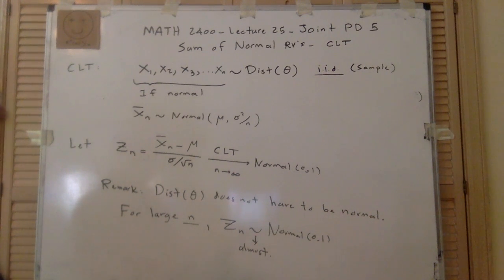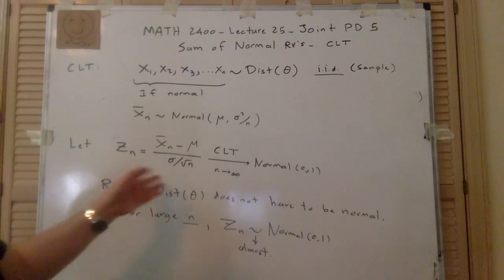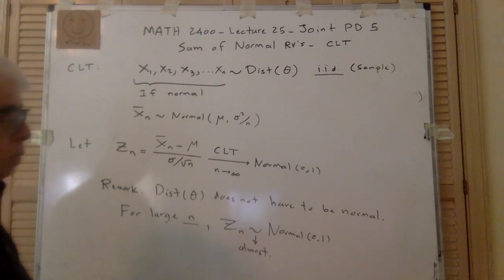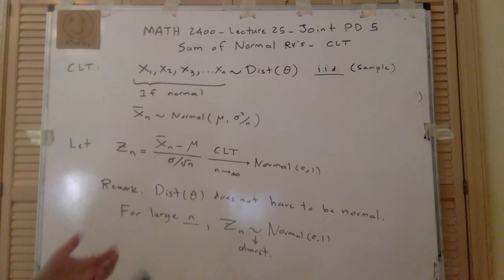Now, I think one reason we who do statistics or mathematical statistics really love the normal distribution is because mathematically, in the limit, this gives me normal. When we find the limit, it's interesting that the limit gives me a normal distribution.